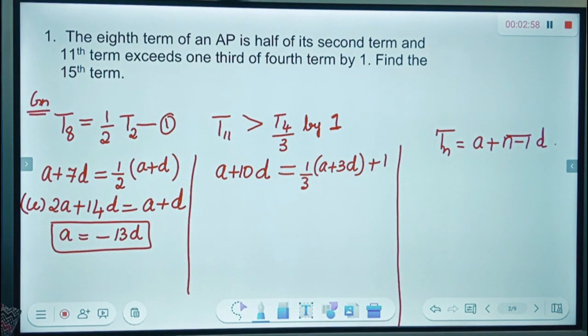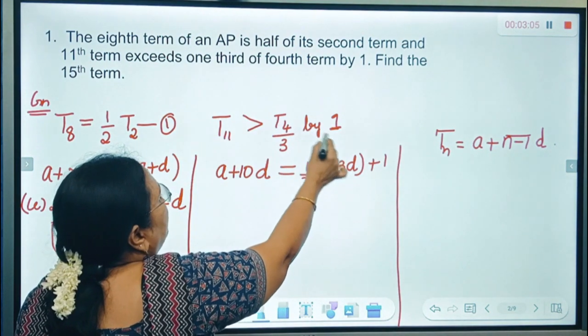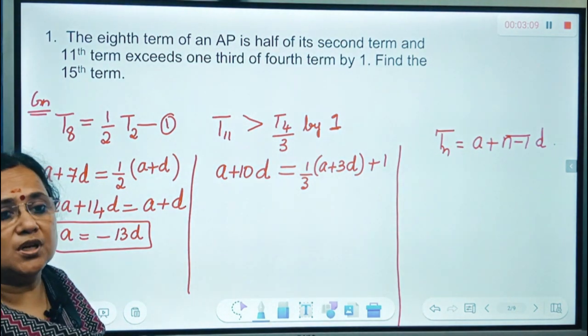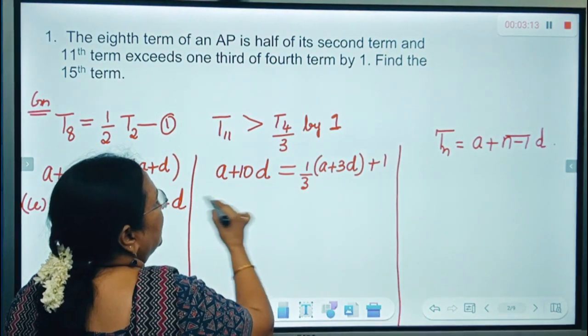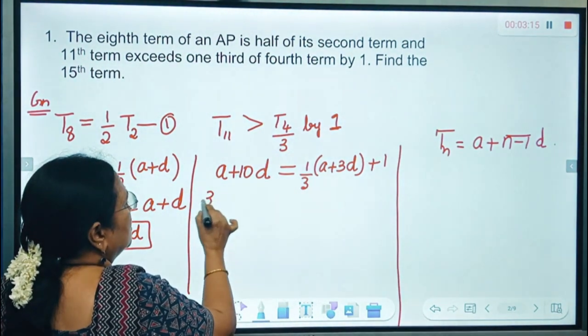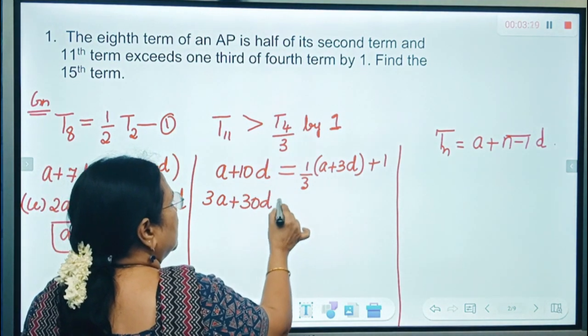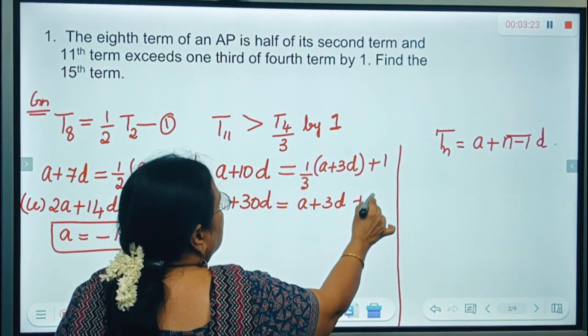So A plus 10D, which is T11, is greater than 1/3 of T4 by 1, so I have to add 1 to equalize them. What is the fourth term? A plus 3D. Now let me multiply the entire equation by 3. So I will get 3A plus 30D equal to A plus 3D plus 3.